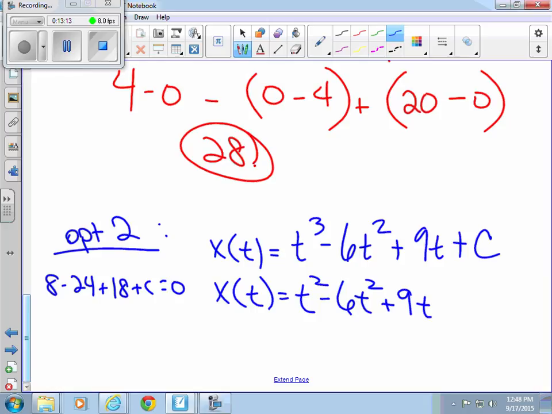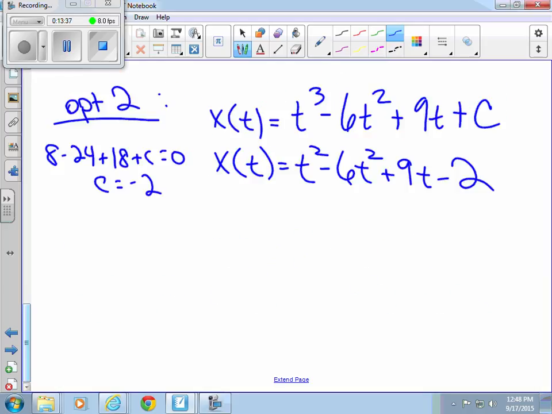So negative 2. Because it's positive, it's 2 plus c equals 0, and then you subtract the 2 over.